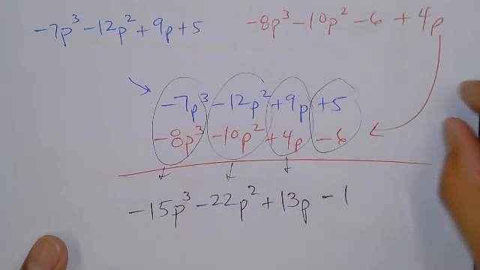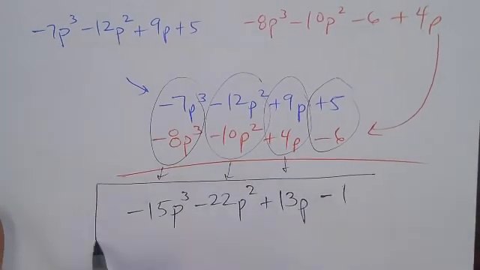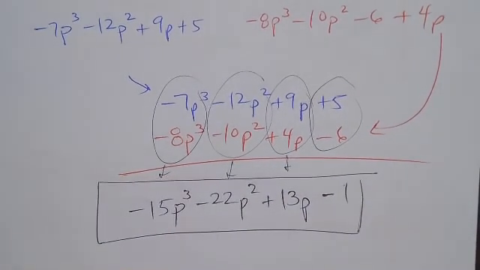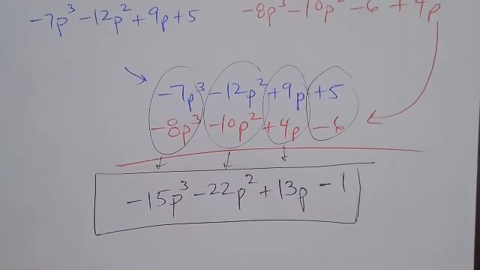Anybody do it like this? Anybody try it this way? Yeah. And now you're going to just have all these numbers and polynomials all over the place going across your page. It's up to you.